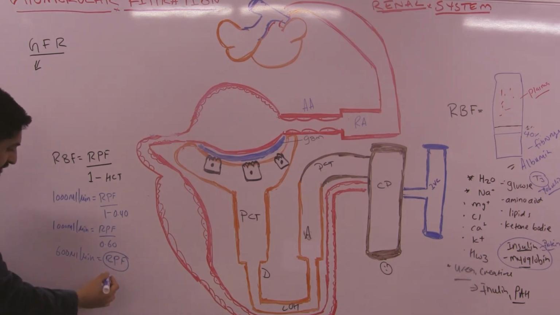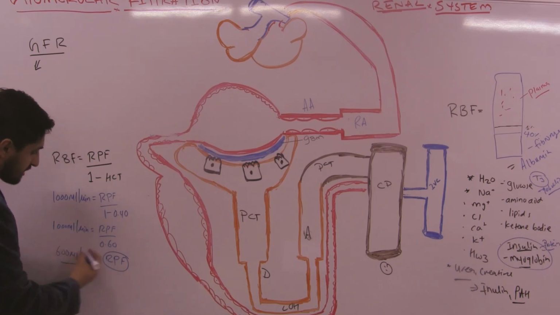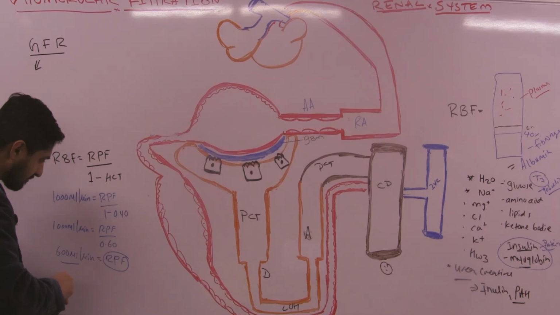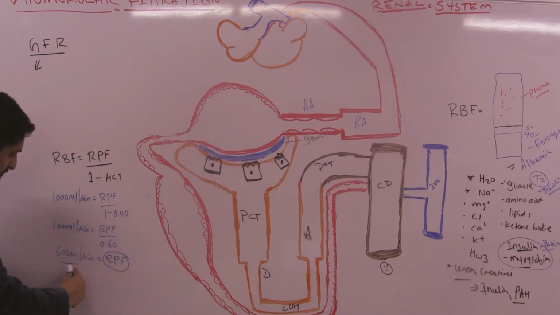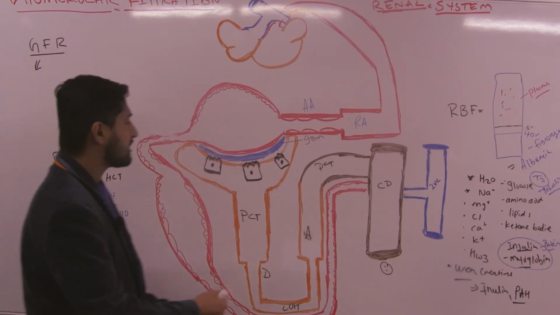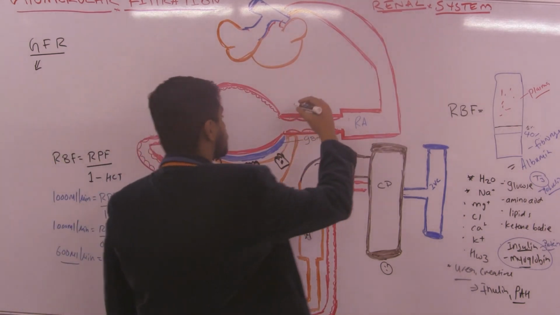So if my renal plasma flow is 600 ml, what is going to be the cells? If it's 1,000, I subtract the 600, which gives me 400 ml. Let's write it down here.